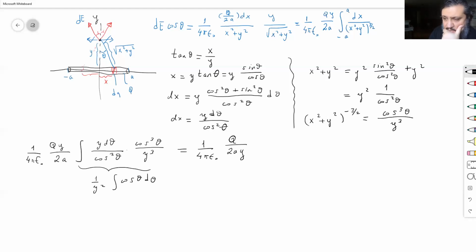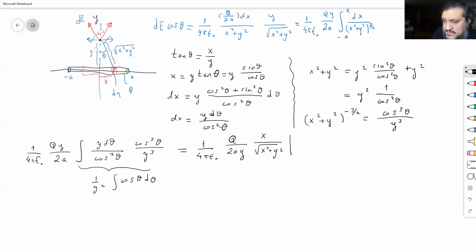The integral of cosine theta is sine theta, right? And what is sine theta? That's x over square root x squared plus y squared.